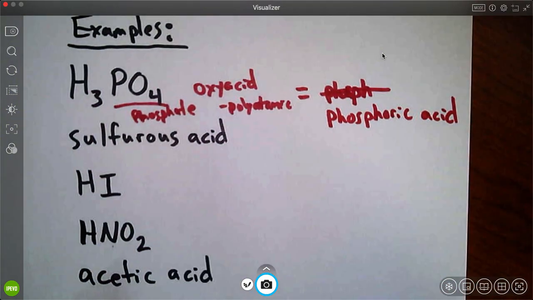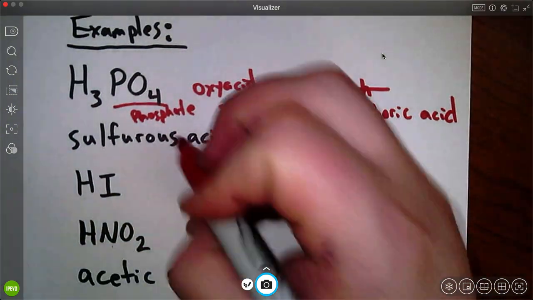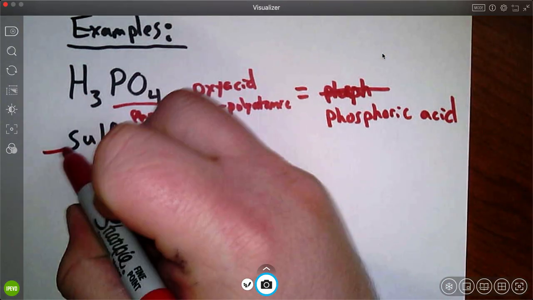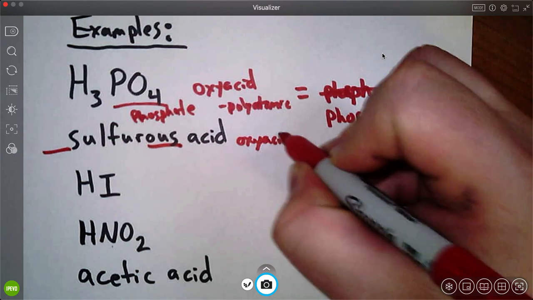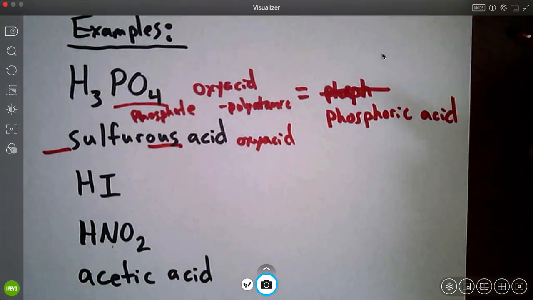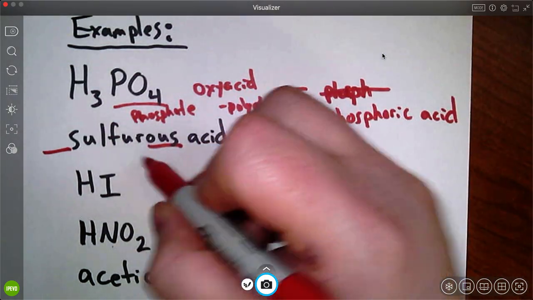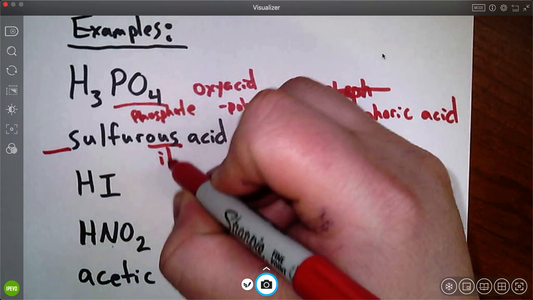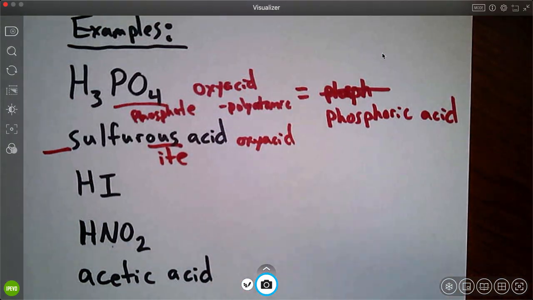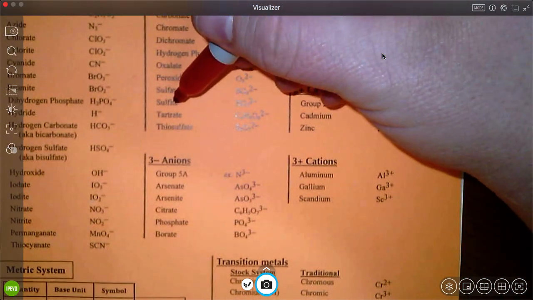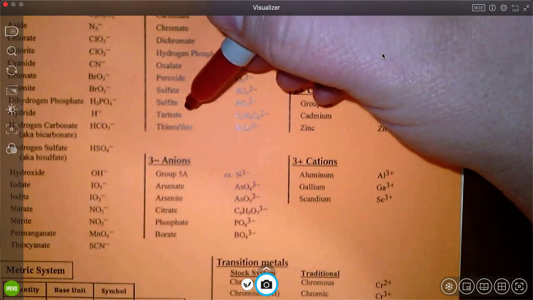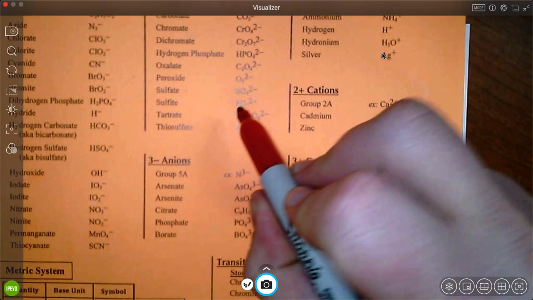Next one, we're going backwards. Sulfurous acid. It ends in ous. It does not have the word hydro there. So this is actually another oxyacid. Okay, that means a polyatomic ion. It ends in ous. So really, we are looking for an ite. So sulfite is what we're looking for. So I find sulfite right here. Okay, since it ends in ous, ite. Sulfite is SO3.